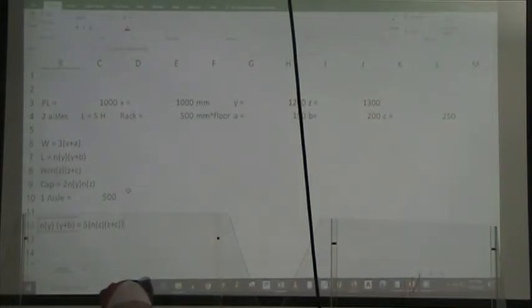And we know our capacity equals 2 times ny times nz. A lot of reverse, all right.